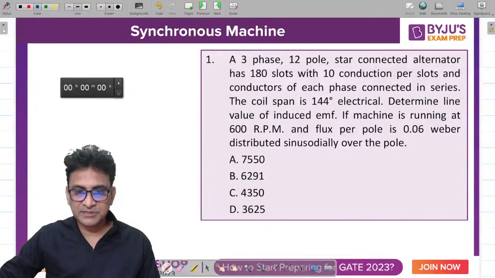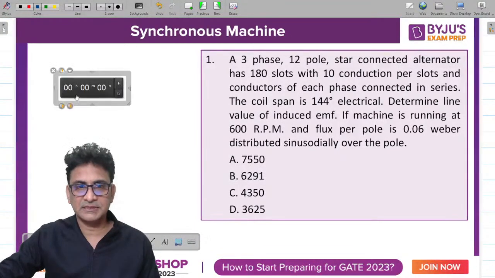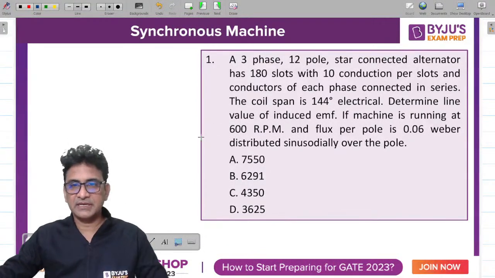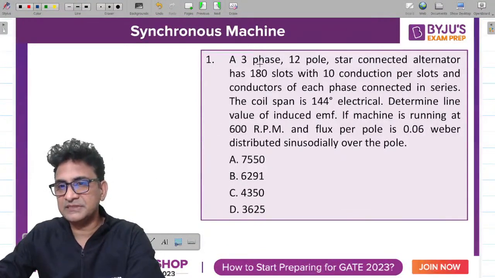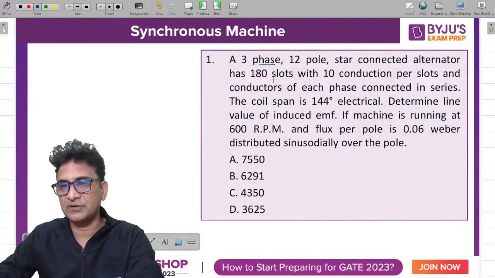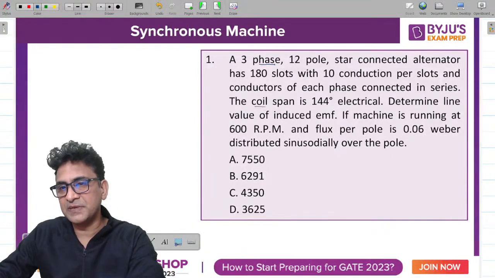Now let me do this question for you. See, always read the question 2 times and highlight the keyword. It is a 3-phase star connected alternator. The total number of slots in the alternator is 180 slots, and in each slot we have 10 conductors. Each phase winding is connected in the series. The coil span means the coil pitch.